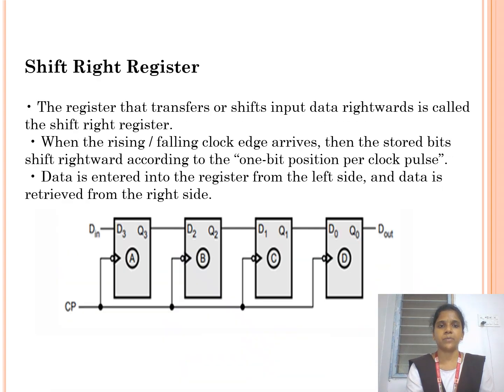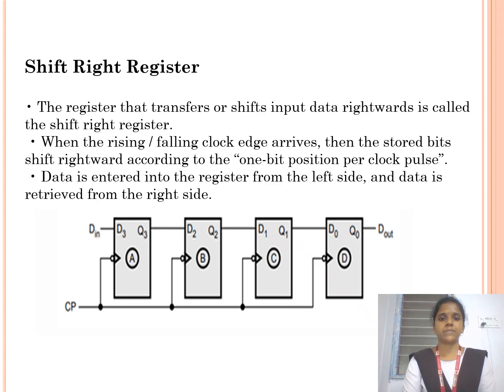Another type of register is the shift right register. The register that shifts input data rightwards is called the shift right register. When the rising or falling clock edge arrives, the stored bits shift right by 1 bit position per clock pulse. Data is entered into the register from the left side, and data is retrieved from the right side.